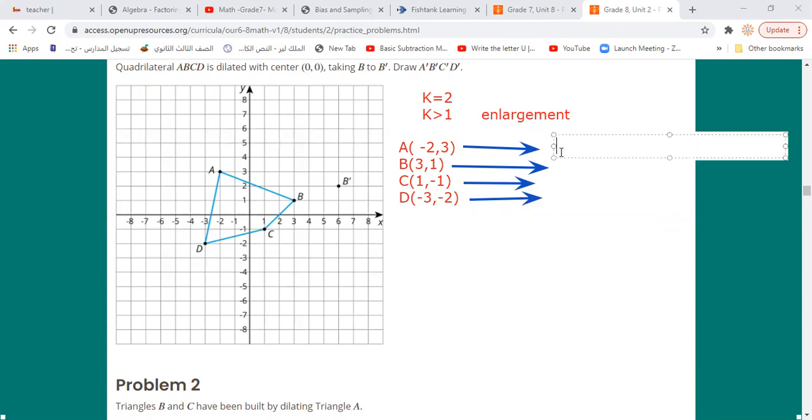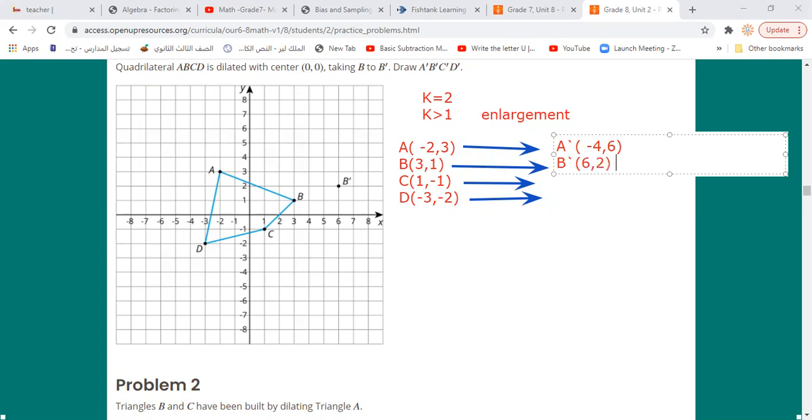Then A prime is -4 and 6, because -2 times 2 is -4, and 3 times 2 equals 6. Second, B prime is 6 and 2.